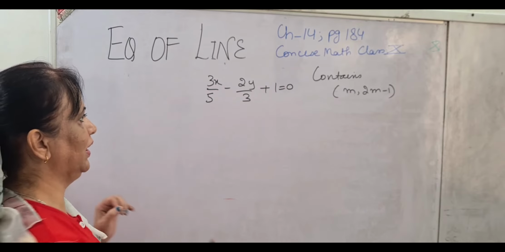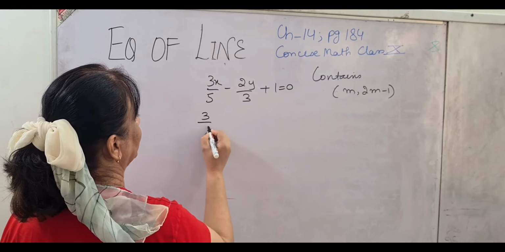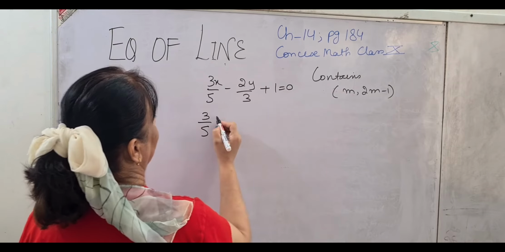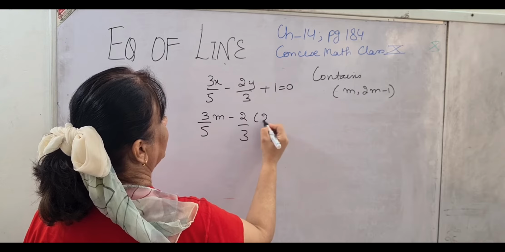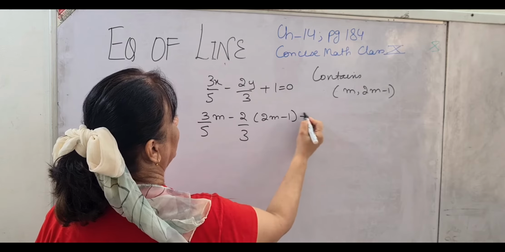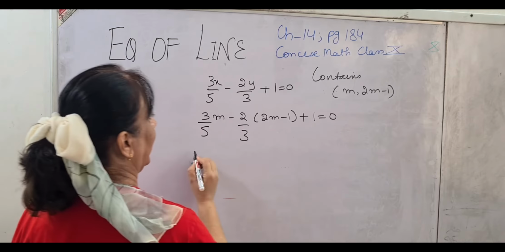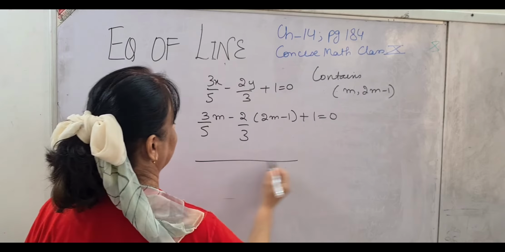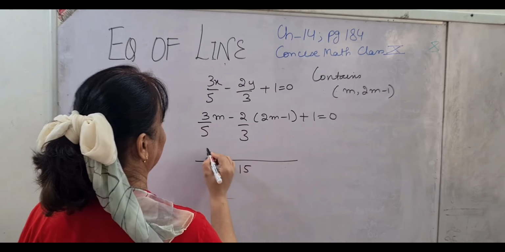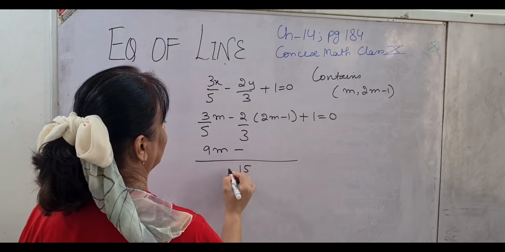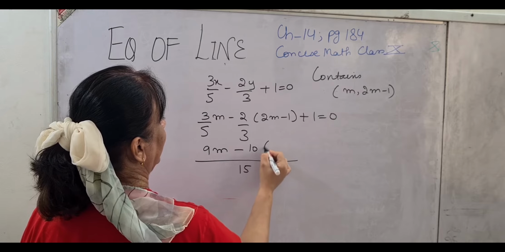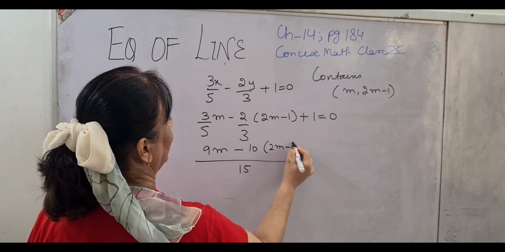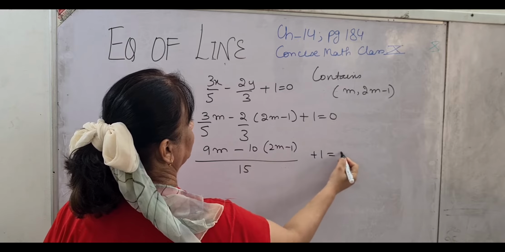So again, in the place of x you put the abscissa, which here is m, and in place of y you put the ordinate, 2m minus 1, plus 1 is equal to 0. And the rest you know what to do. You take the LCM, 15: 5 3s are 15, this is 9m, minus 3 5s are, 5 2s are 10, 2m minus 1 in the bracket, plus 1 is equal to 0.